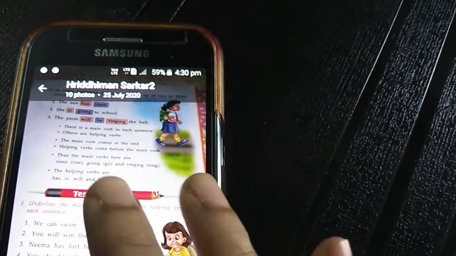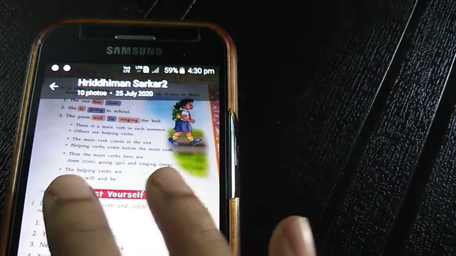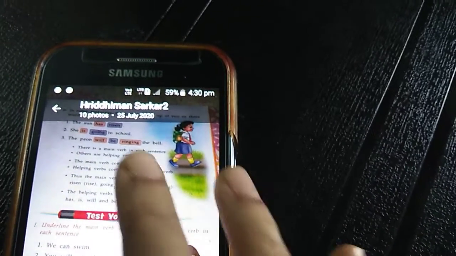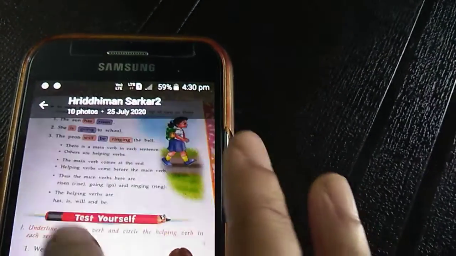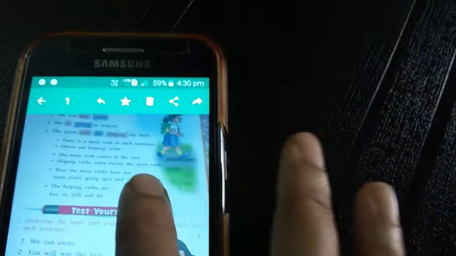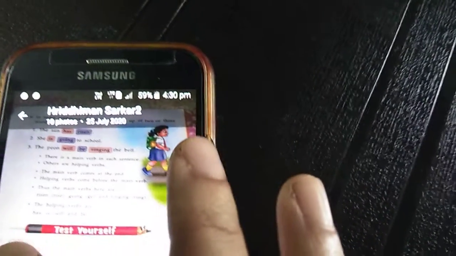The main verb comes at the end, and the helping verb comes before the main verb. Thus the main verbs here are risen, going, ringing. The helping verbs are has, is, will, be.